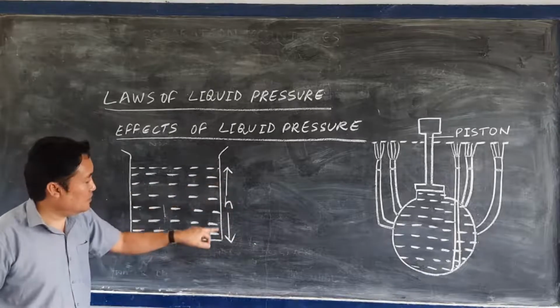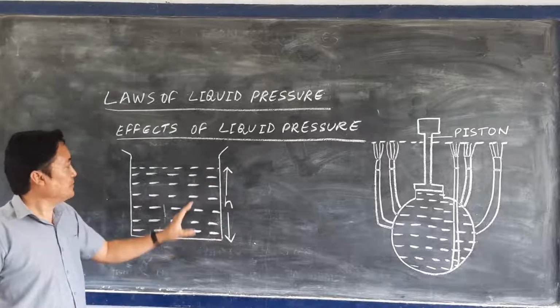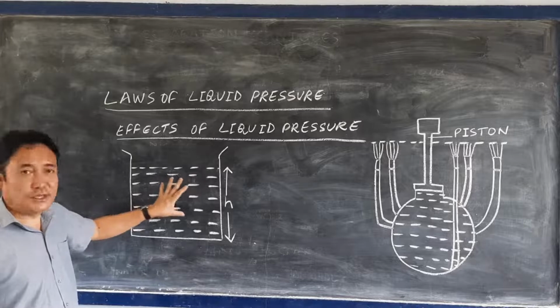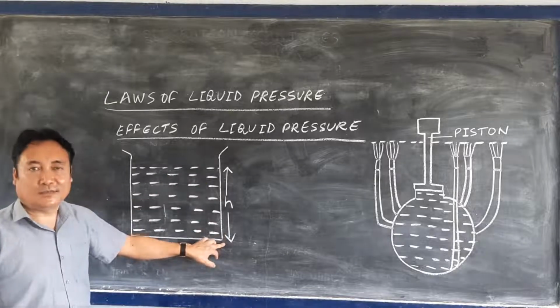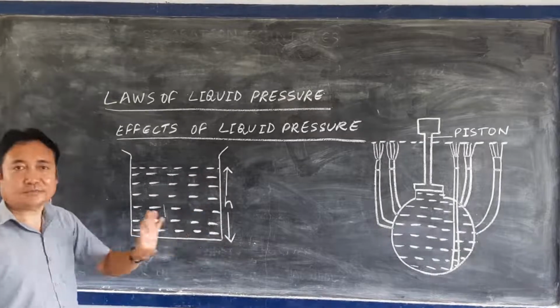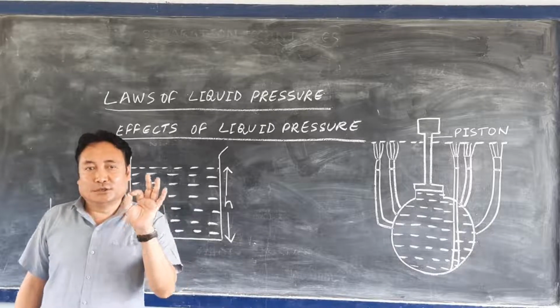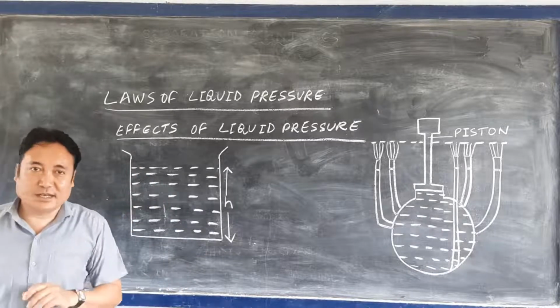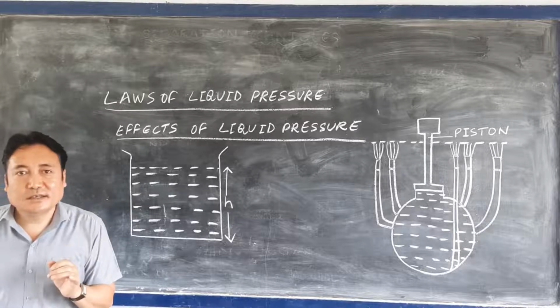This is the diagram I have drawn. I fill this container with water, and this is the height of the water. The first vessel, which you fill with less water, has less pressure because the height is less.